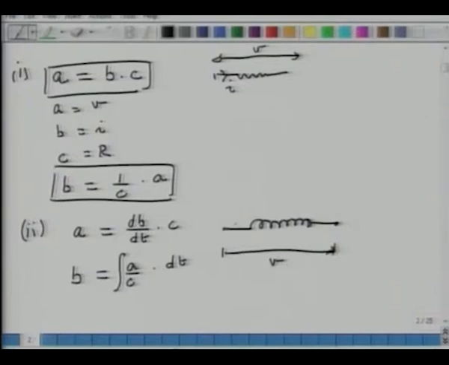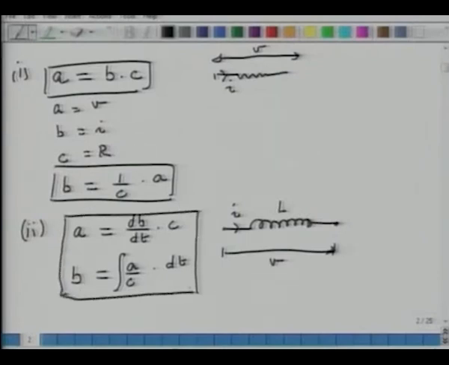Through variable is current, across variable is voltage, and the element variable is L, or the inductance. So this is another form of a two-terminal element, and it's called a two-terminal element because it has two physical terminals. Similarly, an inductor has two physical terminals.